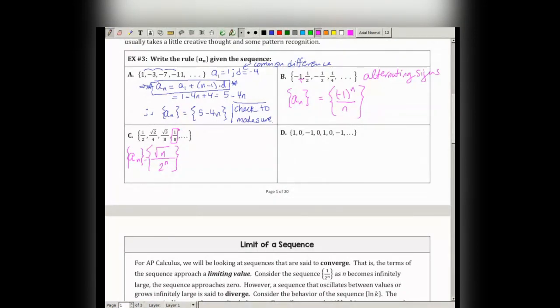Okay, so let's check it out. If n is equal to 4, let's test it. This would be the square root of 4, right, over 2 to the power 4, sorry. So we have the square root of 4, which is 2, over 16, and that does reduce to 1 over 8.